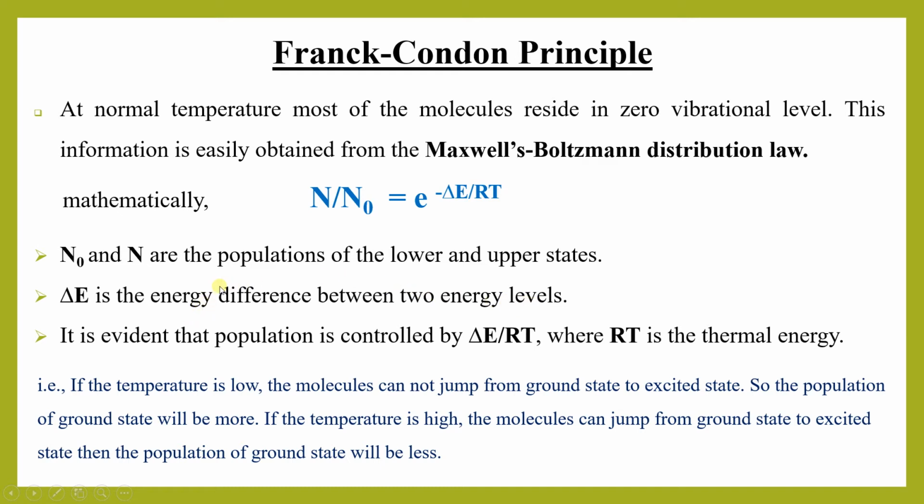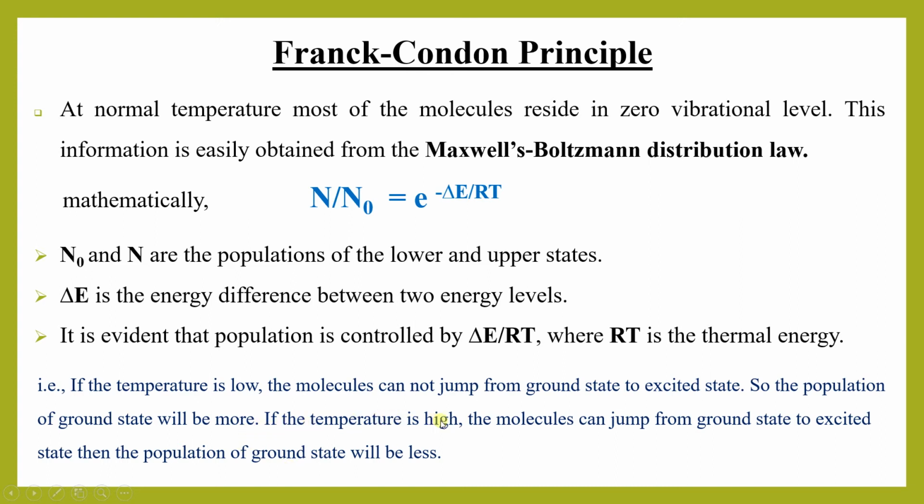So the population is controlled by thermal energy. It is evident that the population is controlled by delta E by RT, where RT is the thermal energy. That means if the temperature is low, the molecules cannot jump from the ground state to the excited state, so the population of the ground state will be more.